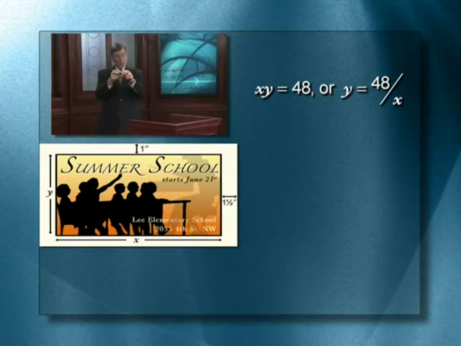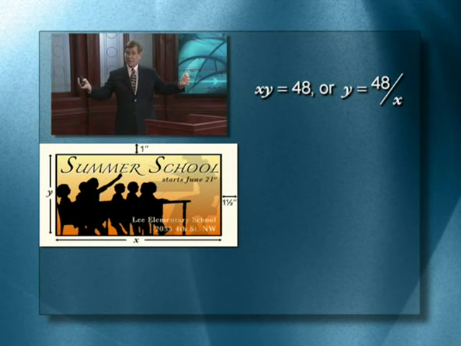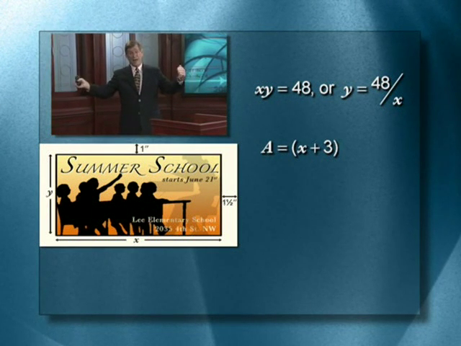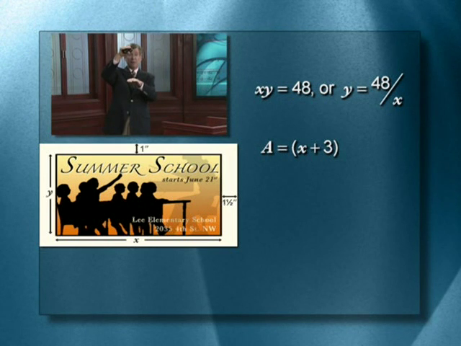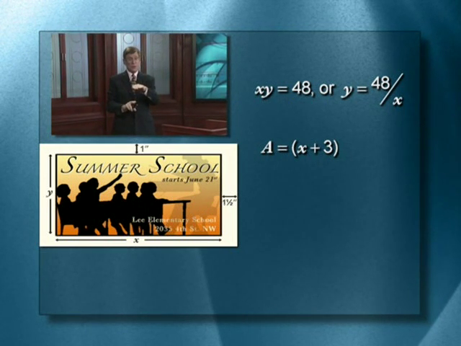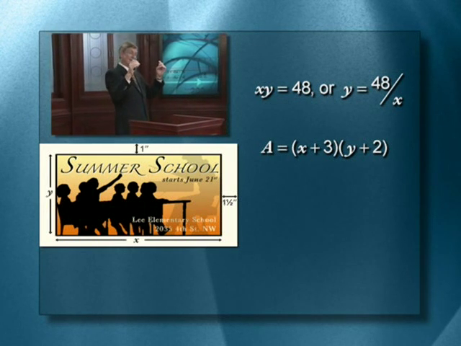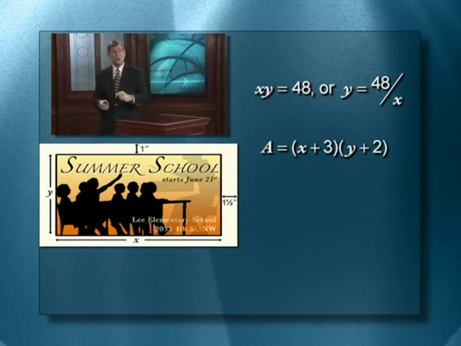So that's, this way, x plus the two margins. And the margins were 1.5, so it's x plus 3, 1.5 on each side. And how about this way? It's y plus the margin of 1 and the margin of 1, so it's y plus 2. So we want to minimize the quantity (x plus 3) times (y plus 2).